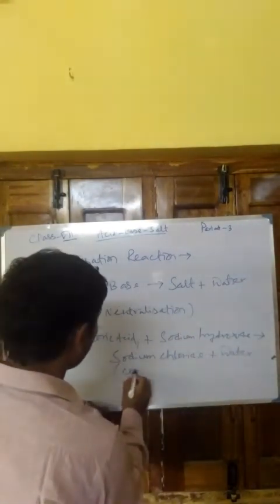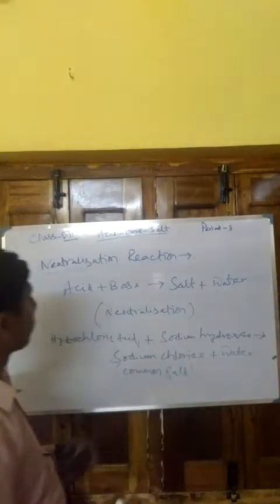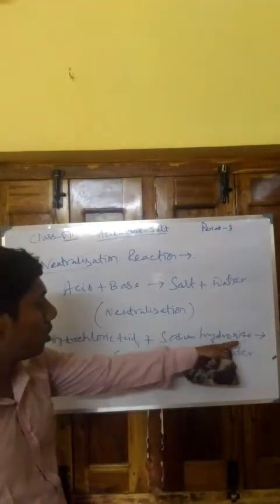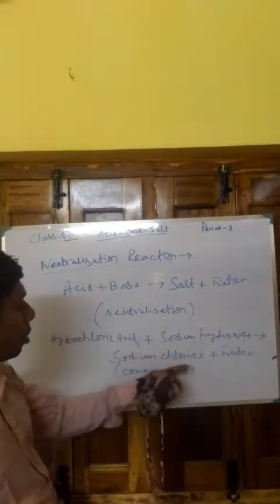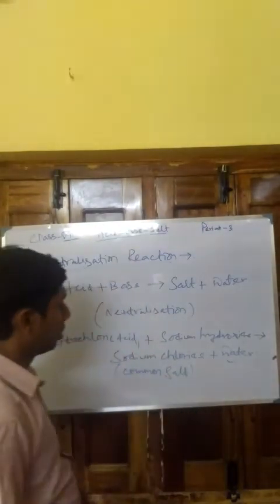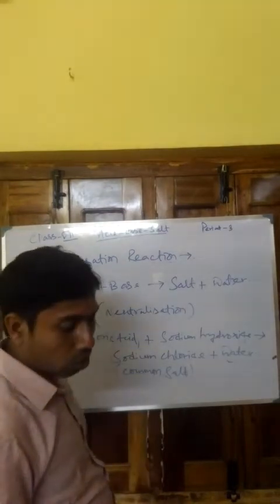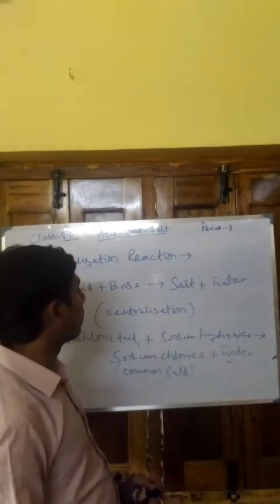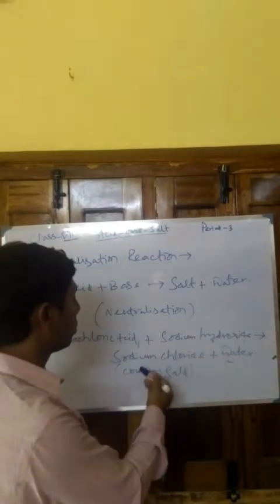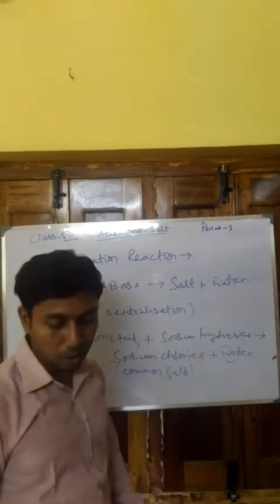This is also known as common salt. So the acid is hydrochloric acid, the base is sodium hydroxide, the salt formed is sodium chloride, and the byproduct is water. So this reaction is known as neutralization reaction. If the question arises to give one example of a neutralization reaction, then hydrochloric acid and sodium hydroxide gives sodium chloride plus water. This may be an example.